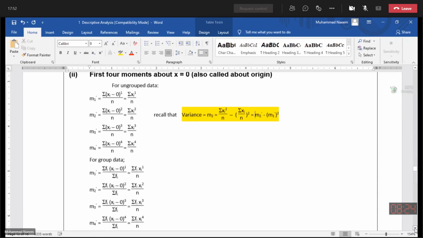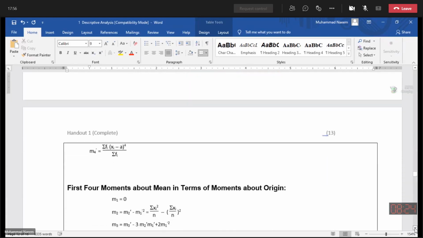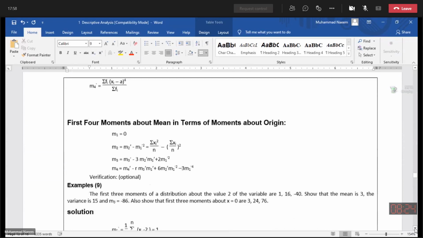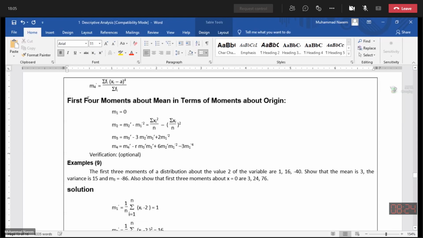Similarly, we can also express the other moments about mean in terms of origin. Here we have these relations. This one, we have discussed.